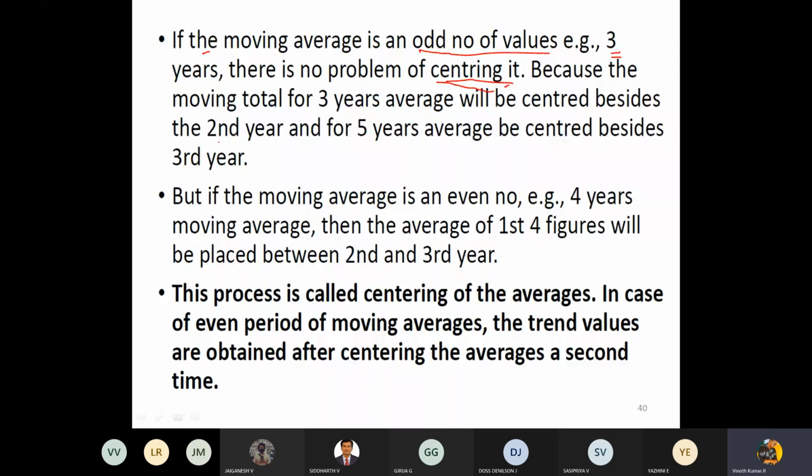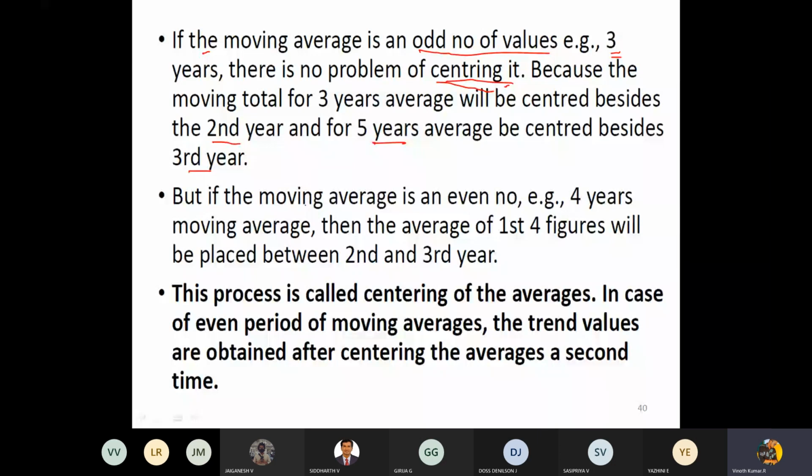Likewise, if we find a 5 years average, the centered value is beside the third year. So here no need to center the value.